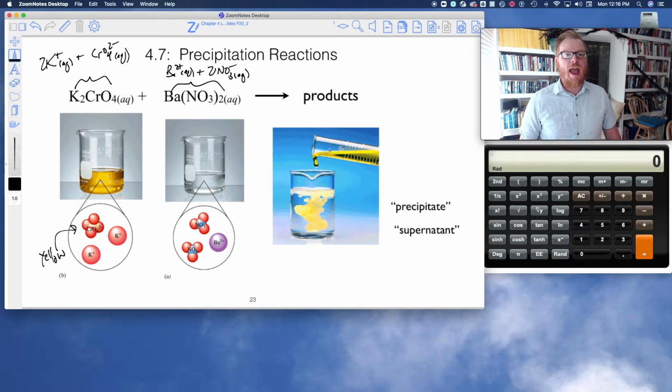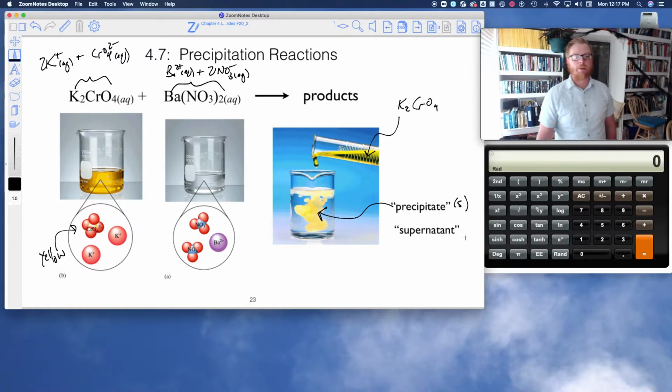The way we know that is because here is a picture of what happens when you can tell that this is the potassium chromate getting poured into the barium nitrate, because again, we noted that the potassium chromate is yellow. So the potassium chromate has to be there, and we're pouring it into the barium nitrate. And look, see all this cloudy stuff right there? That's what we call the precipitate. And those are the solids.